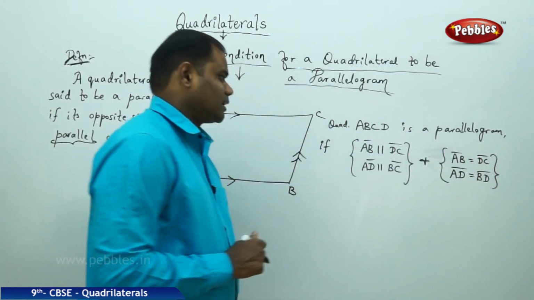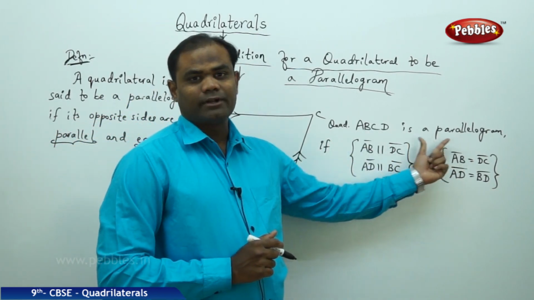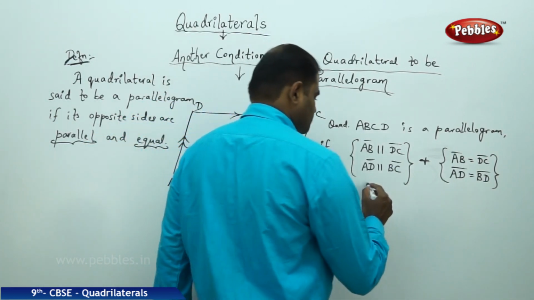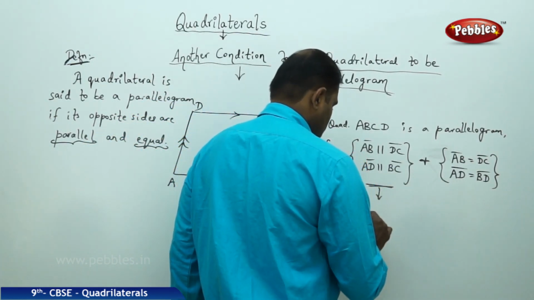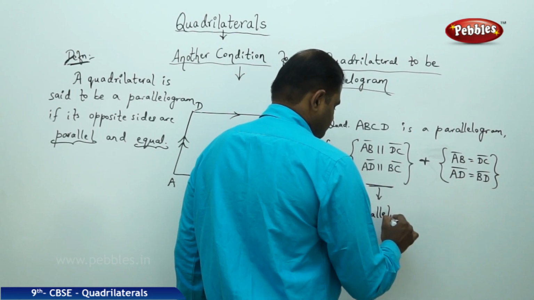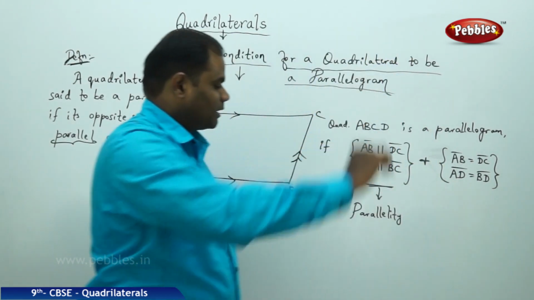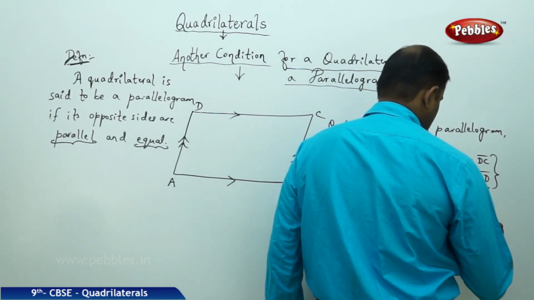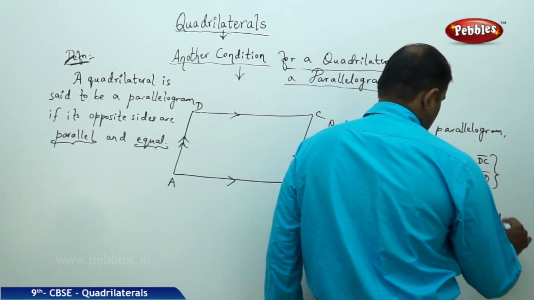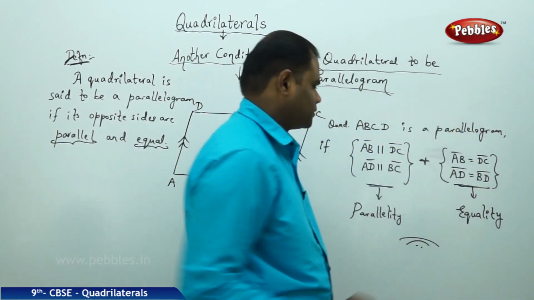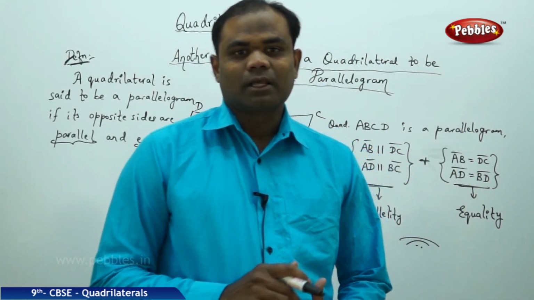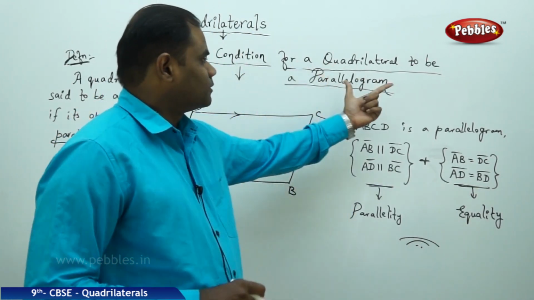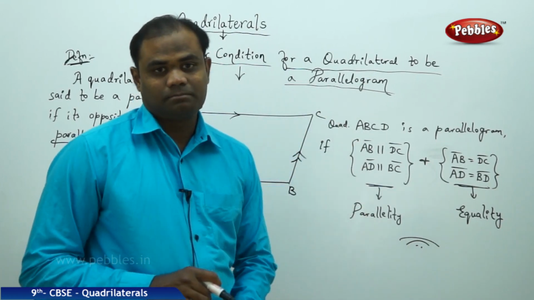This is how I understand a quadrilateral ABCD reducing to a parallelogram if it satisfies the parallelity and equality conditions.